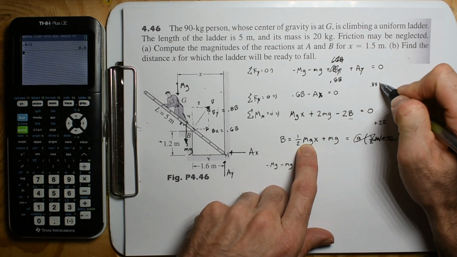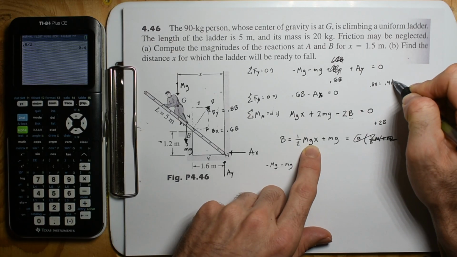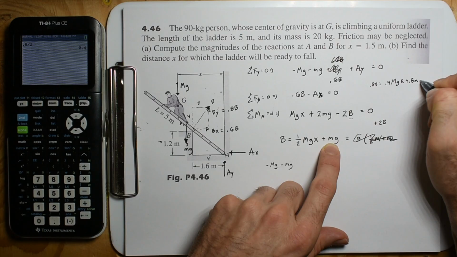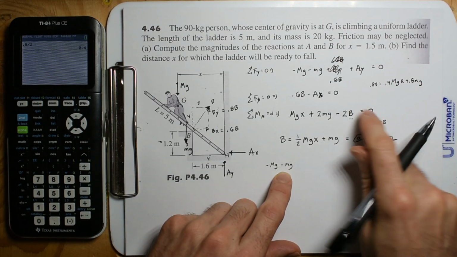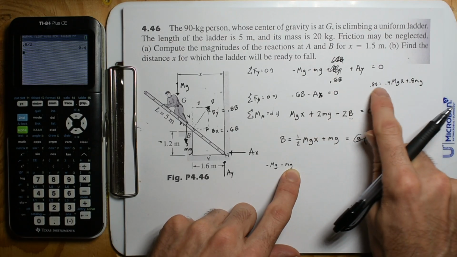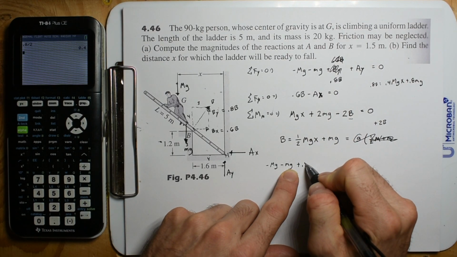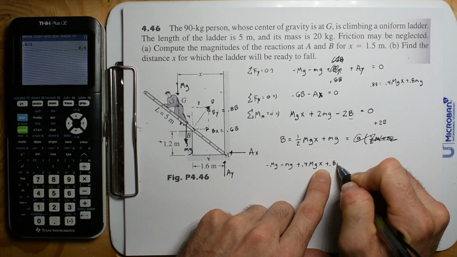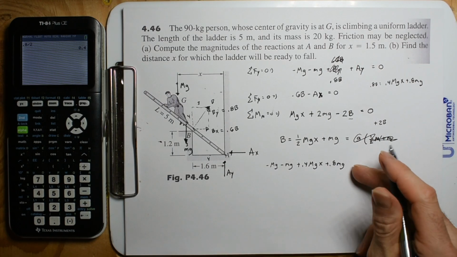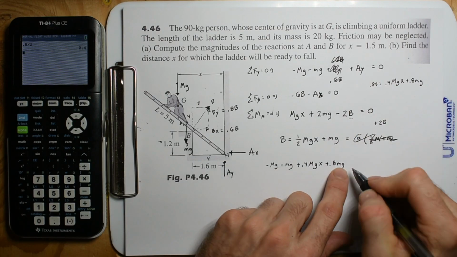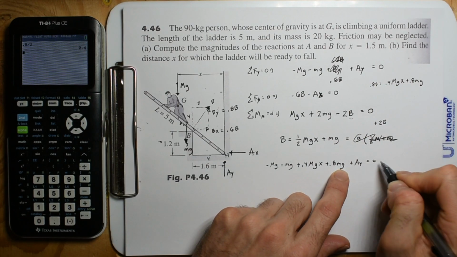So 0.8B is going to be 0.4 mgx plus 0.8 mg. Cool. So now I can just throw it in. So we have negative mg minus mg, and then plus 0.4 mgx plus 0.8 mg, and then plus AY is equal to 0.